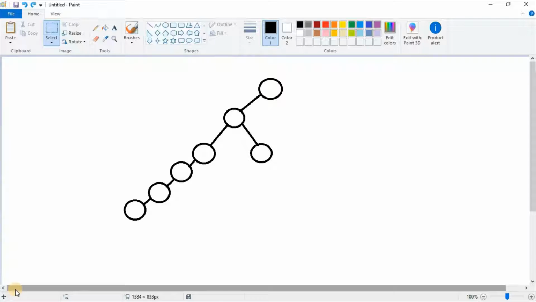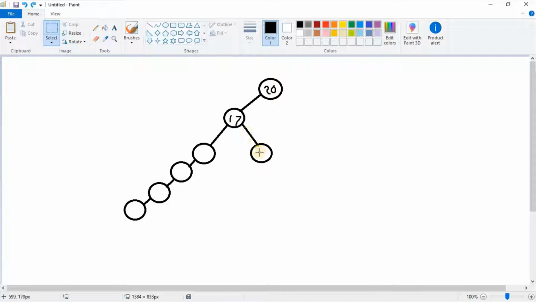Okay, so let's consider a BST like this, so that the root element is 20, and as you know, the element on the left side should be lower than the parent. So here, as 20 is the parent, let's take a number 17, which is lesser than 20, and it's kept over here.